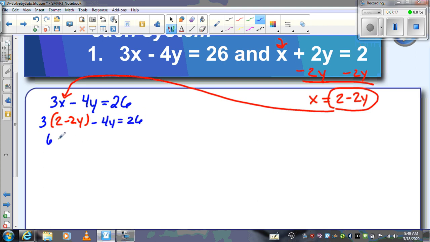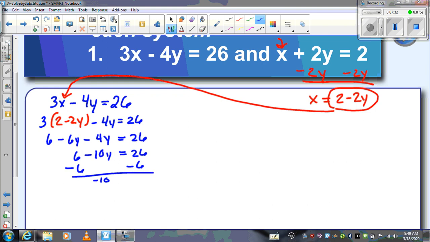So we'll use our distributive property. And it looks like I'm coming out with y is equal to negative 2.